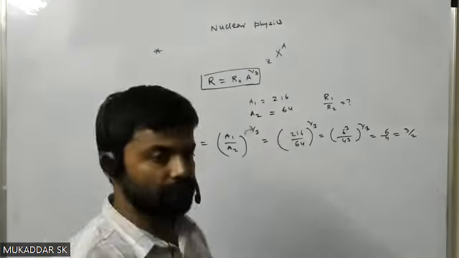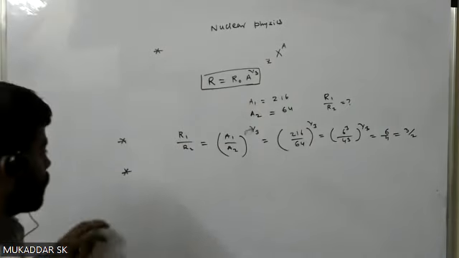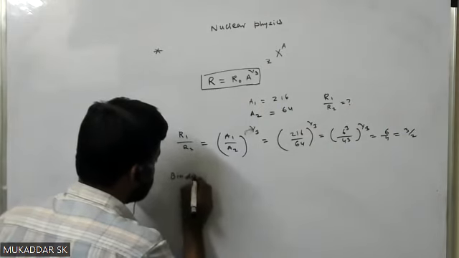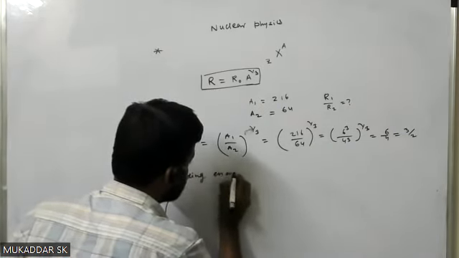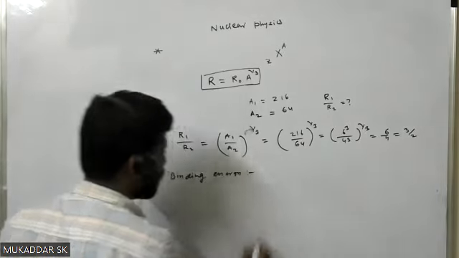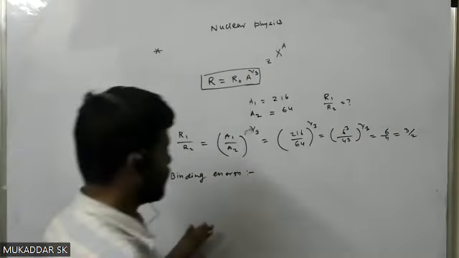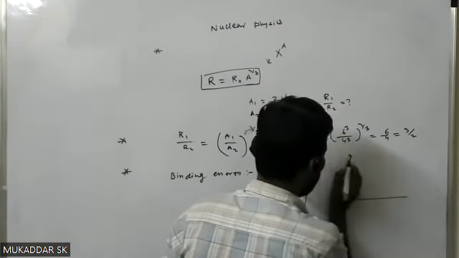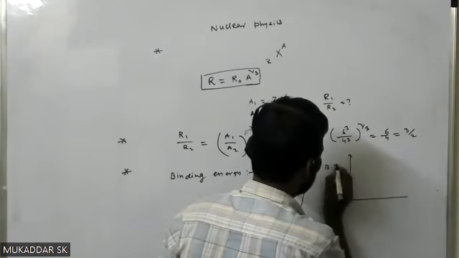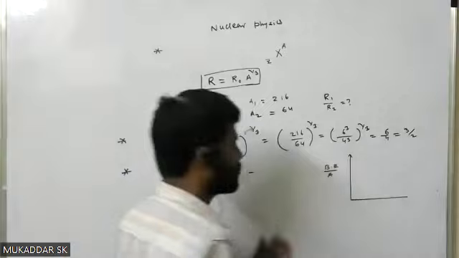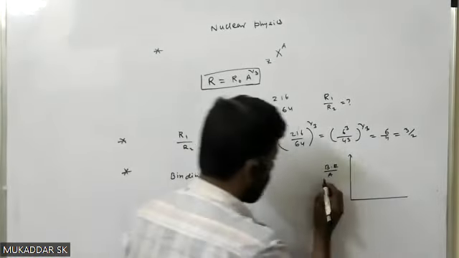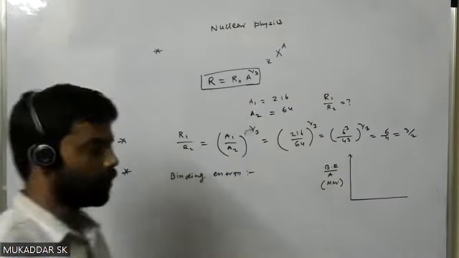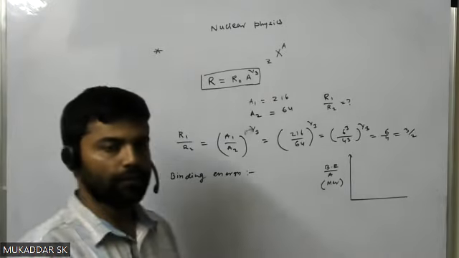So radius and mass number, how they are related, okay, this is important. And the second concept is the concept of binding energy. First of all, the binding energy per nucleon is the total binding energy of a nucleus divided by its mass number. This is called binding energy per nucleon, and it is of the order of mega electron volts for a nucleus.